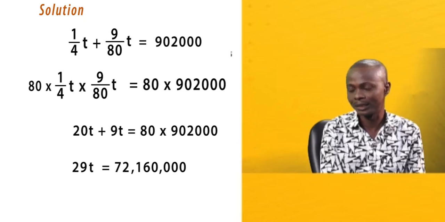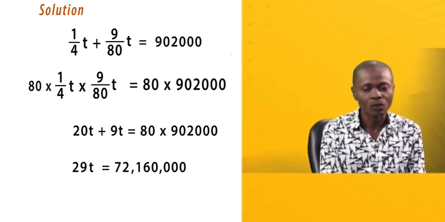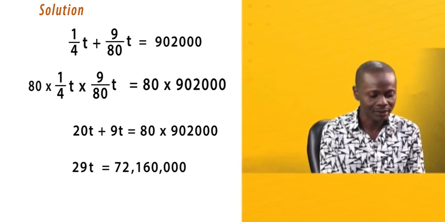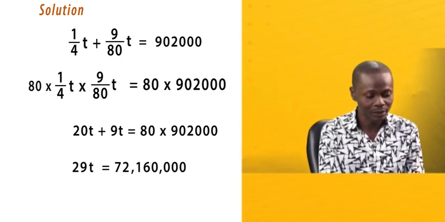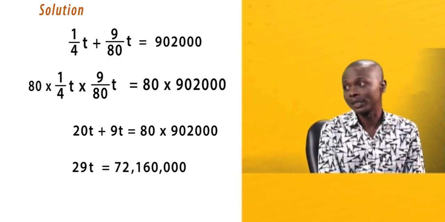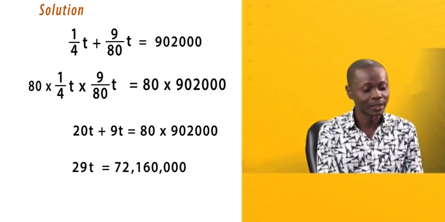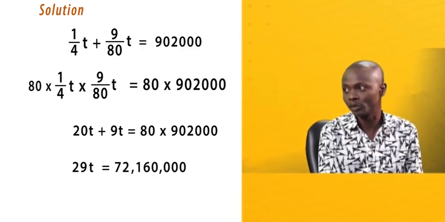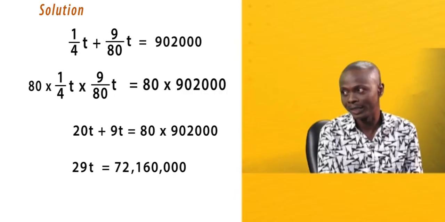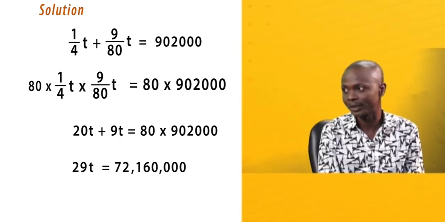902,000 cedis, which will give us 1/4 T plus 9/80 T equals 902,000 cedis. This is a simple linear equation, and the LCM for the denominators is 80. So we multiply the equation by 80 to clear the denominators.